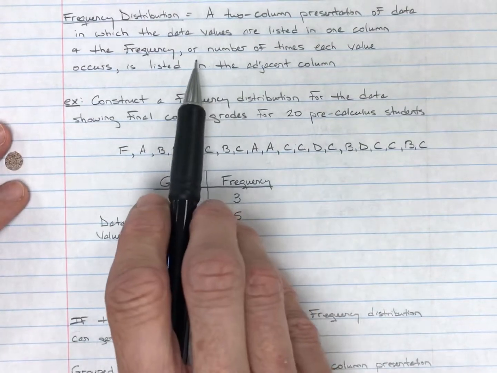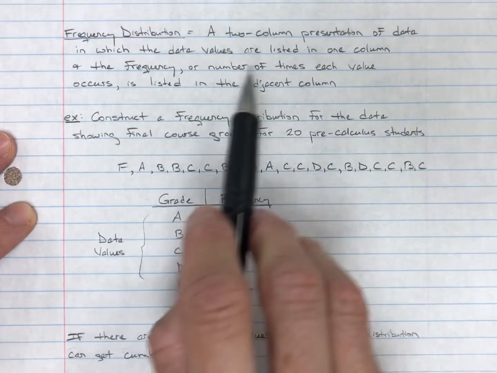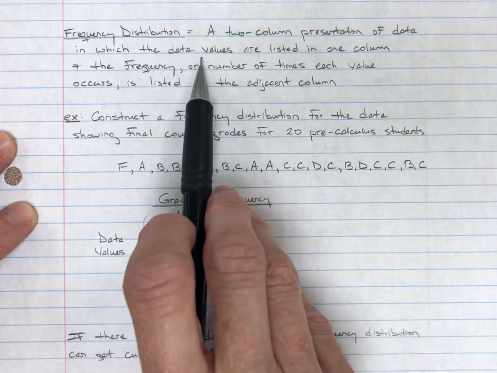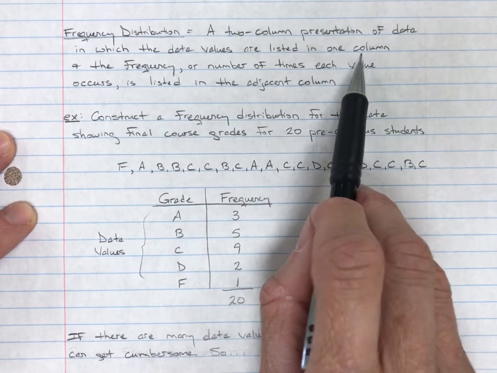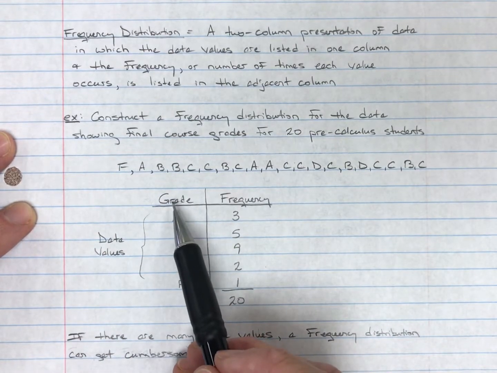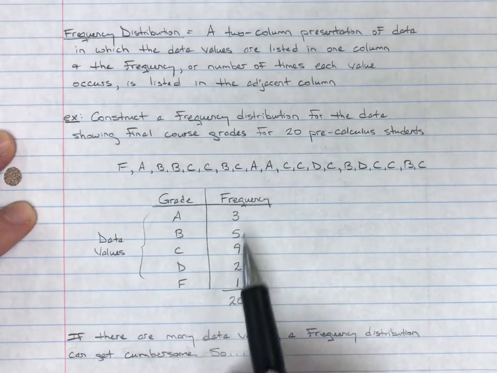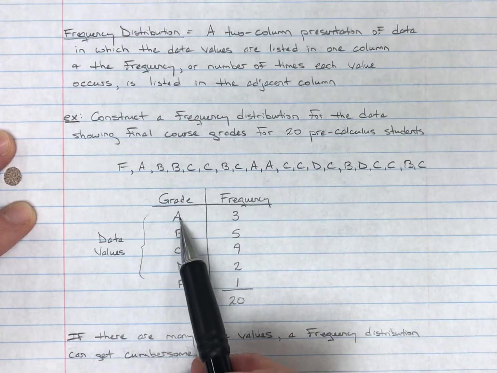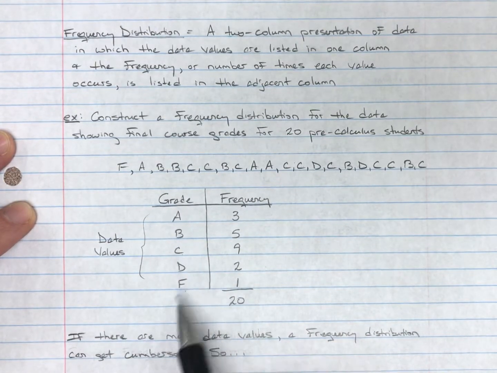Okay. Again, you look at the definition. Our first column consists of the data values. And so our first column consists of the grade, in which case we have A's, B's, C's, D's, and F's.